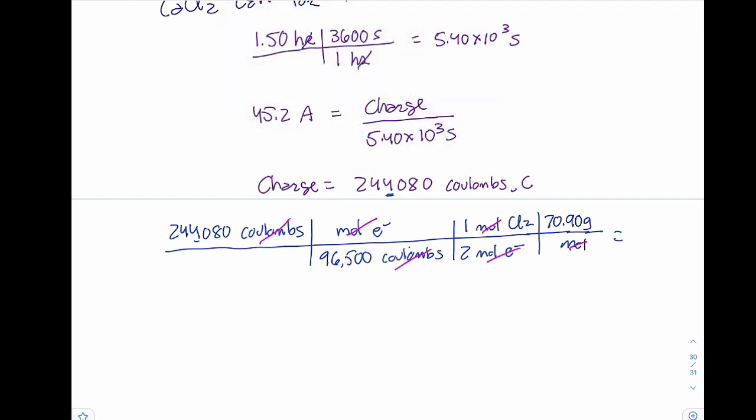So typing all of this into my calculator, I'm going to end up with 89.7. Remember, we want 3 significant digits. I did have this underlined to keep track of it. Grams of chlorine.